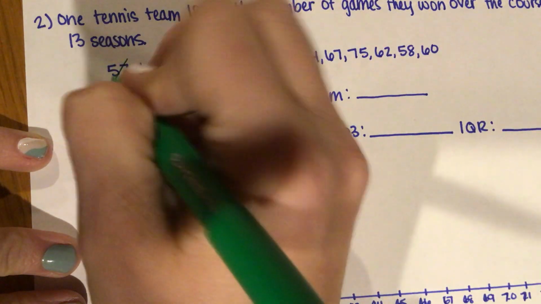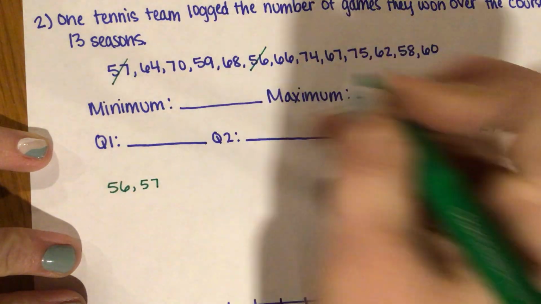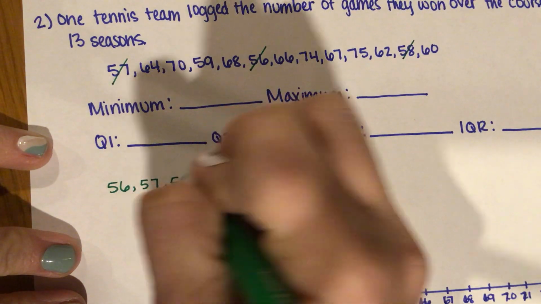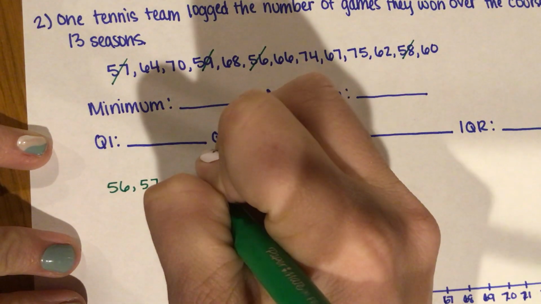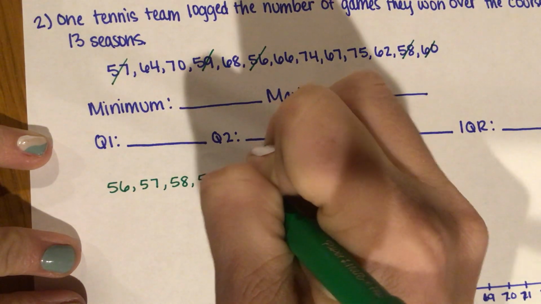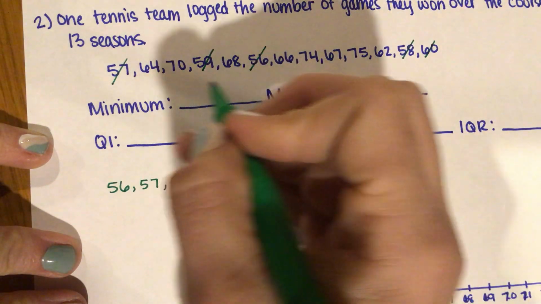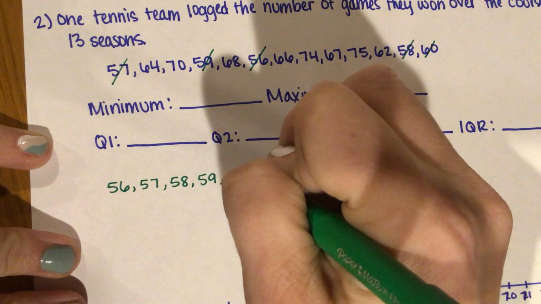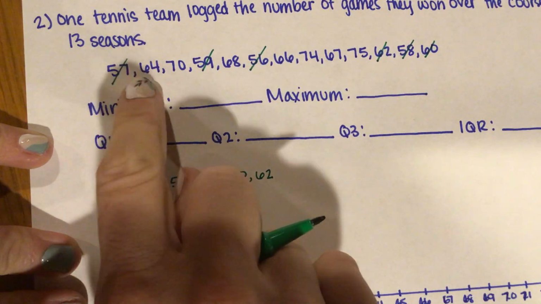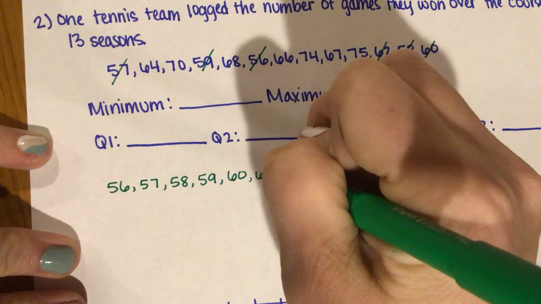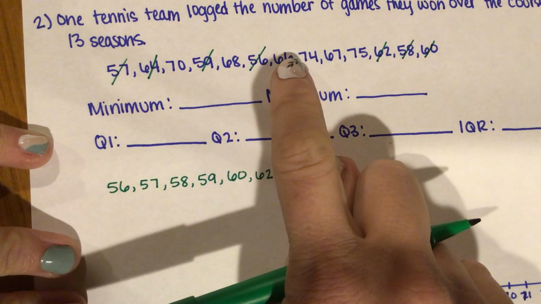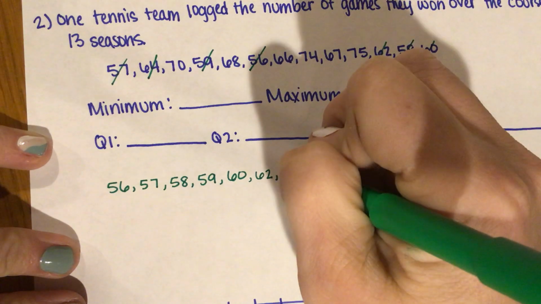Then I see a 57. There's a 58, a 59, a 60, 61, there's a 62, 63, there's a 64, 65, 66, 67.